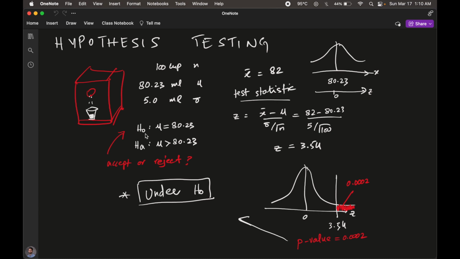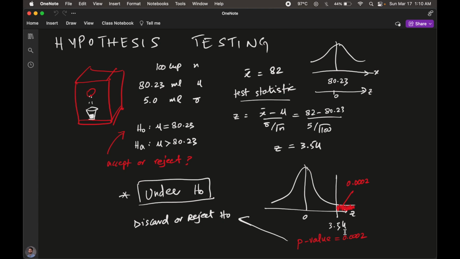So we must first of all reject or discard this null hypothesis, because it is the alternative hypothesis that is dominating, which is what is happening. We computed a test statistic based on our observation of a sample mean of 82 milliliters being dispensed by the coffee machine, and that corresponded to a p-value of 0.0002.